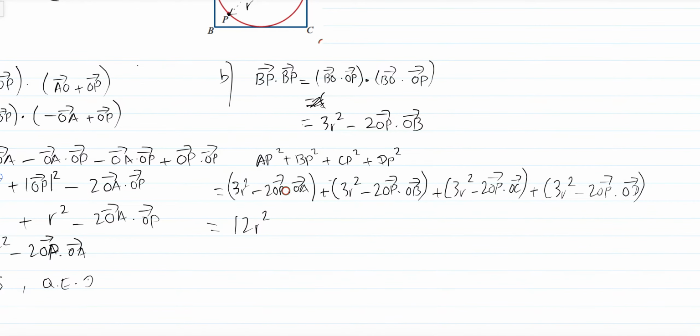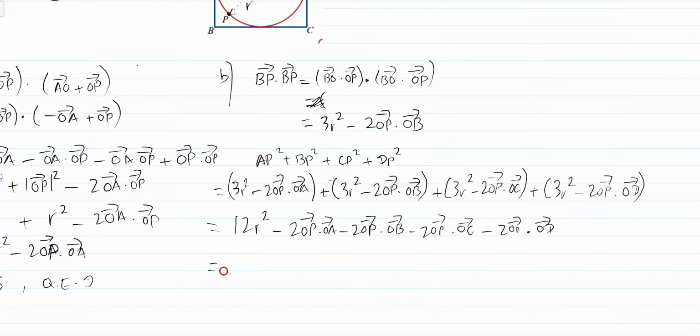Now, what about these OPs and OAs and OPs and OBs? What do you do with them? Okay, so if you were to ignore the bracket, it's essentially minus 2OP dot OA, minus 2OP dot OB, minus 2OP dot OC, and then minus 2OP again dot OD.